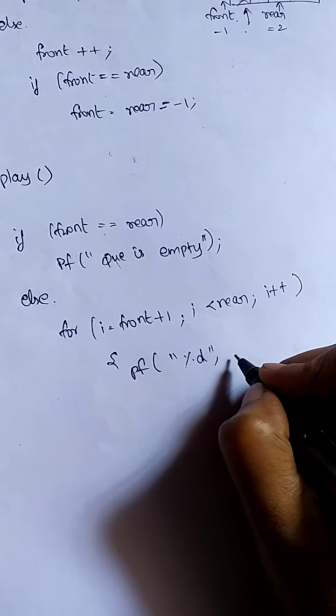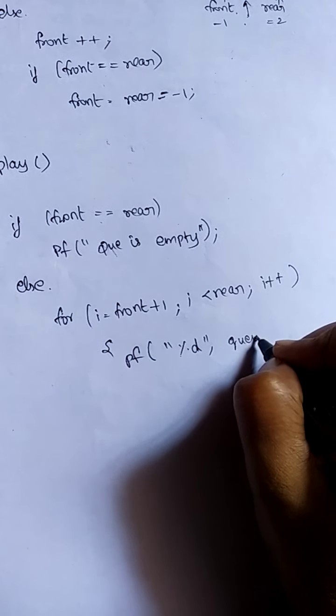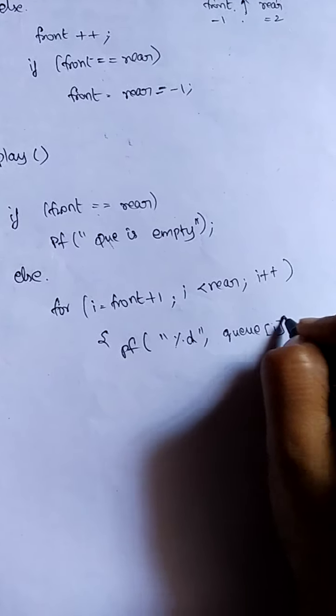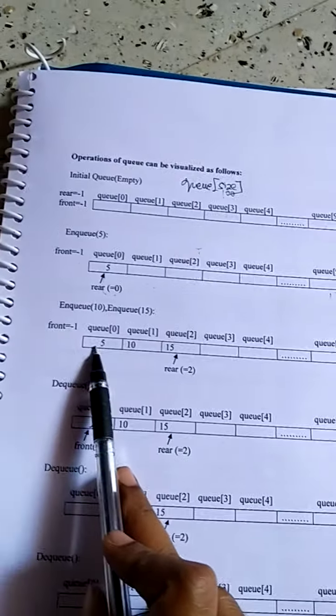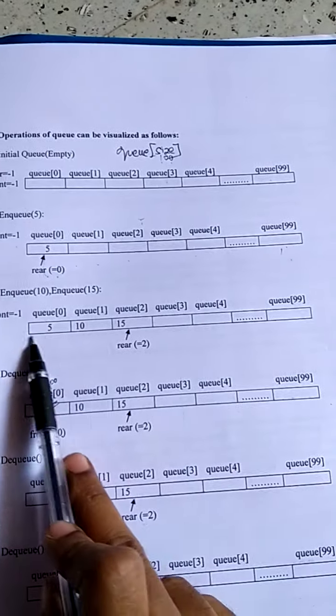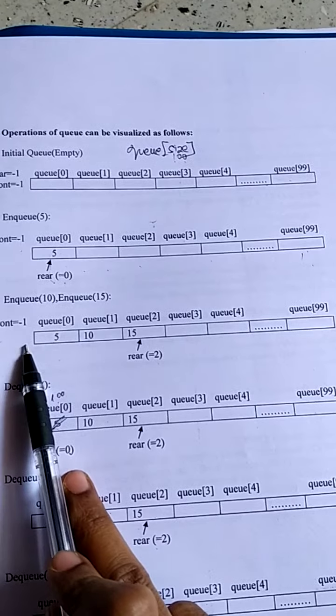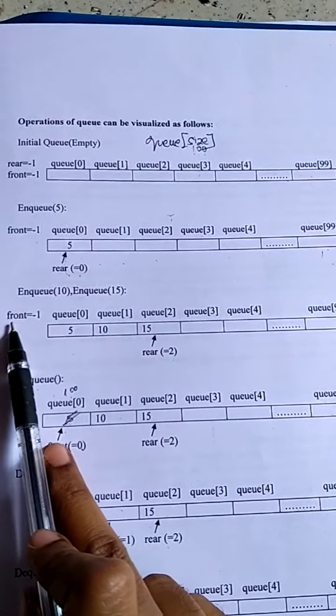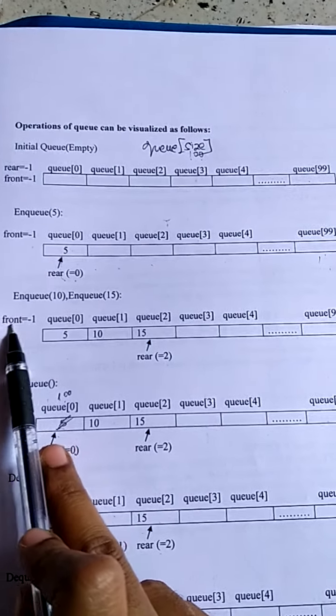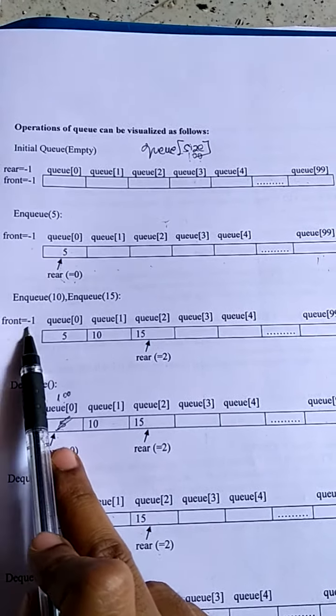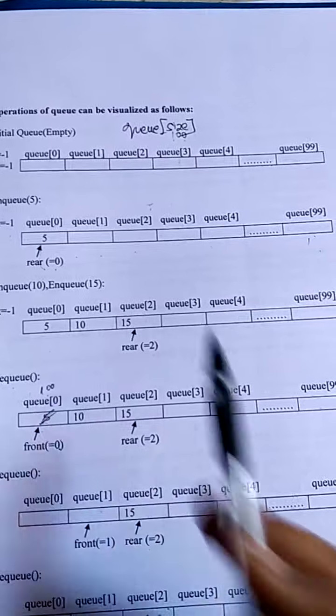%d, q of I, so that it starts from front plus 1. Suppose this is my queue I want to print. So I am starting from, for I equal to front plus 1, which means I equal to 0, right? It starts from I equal to 0 and I less than or equal to rear.